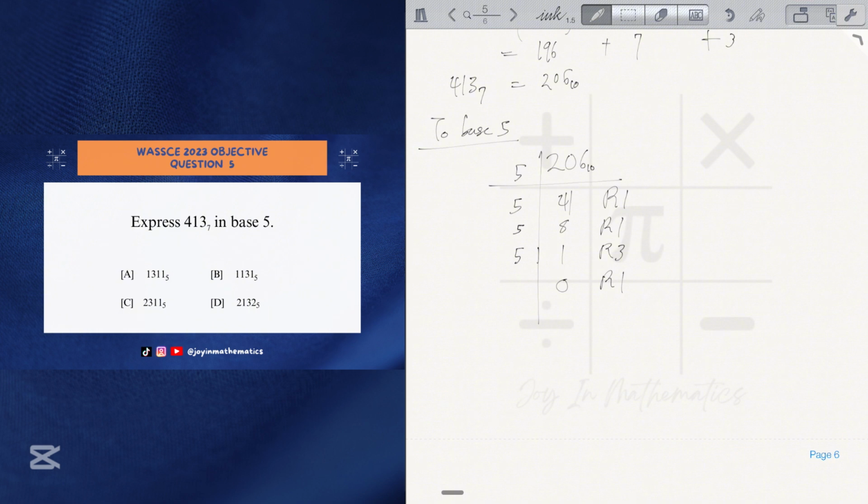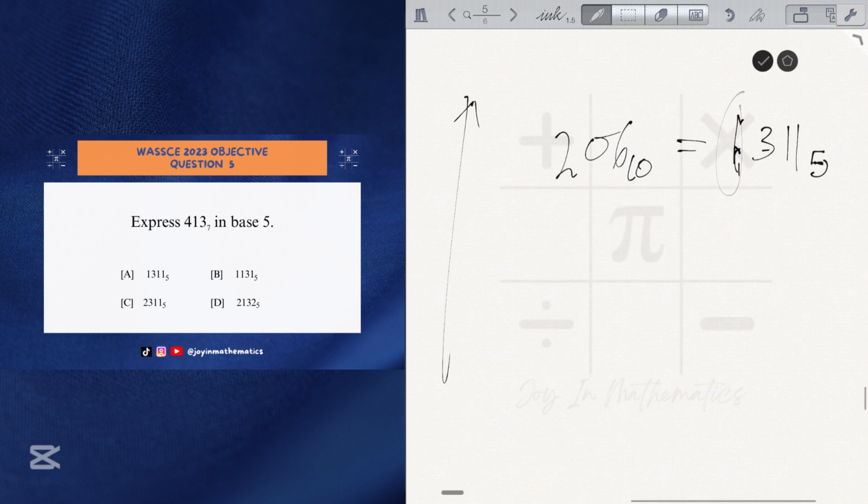So the usual concept is to read it upwards. So we are saying that 206 base 10 is equal to 1311 in base 5.